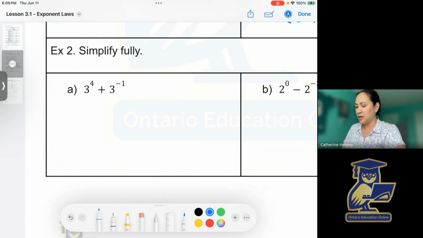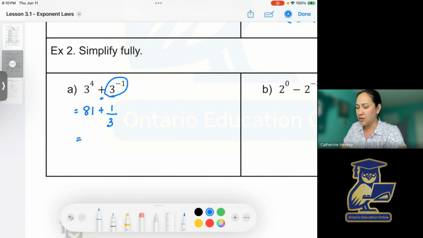Now this here is addition. We don't have any exponent laws for addition, so we need to be careful with this. We have to evaluate 3 to the power of 4, and that's going to give me 81. And we're going to add it to, now how do I rewrite this 3 to the power of -1? I take the reciprocal. So that ends up becoming 1 over 3. So now before I can add fractions, you always have to have the common denominator.